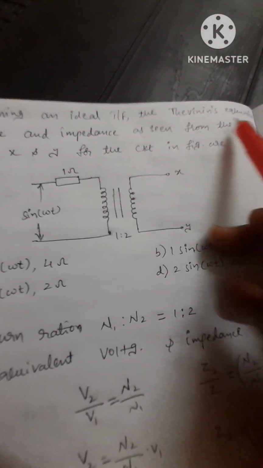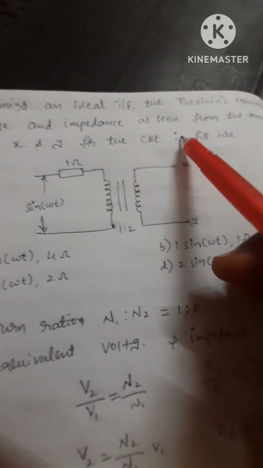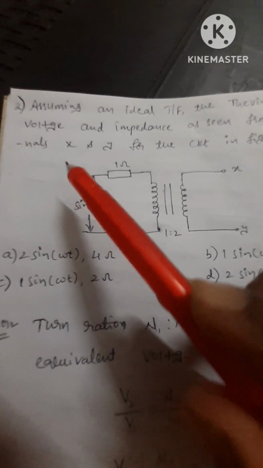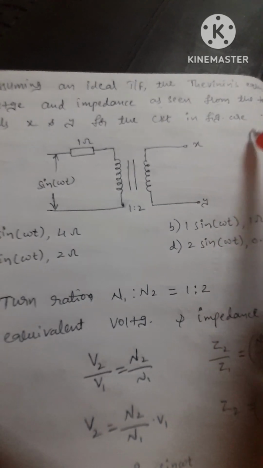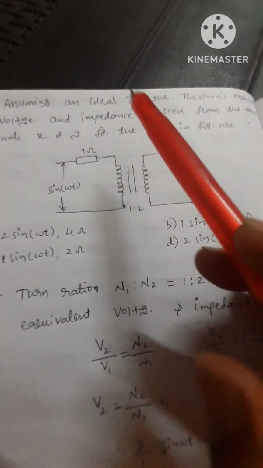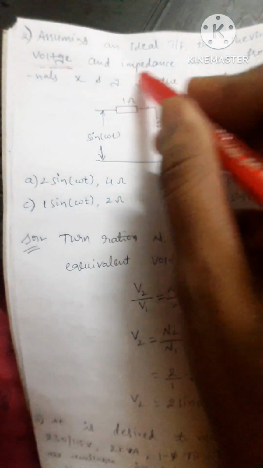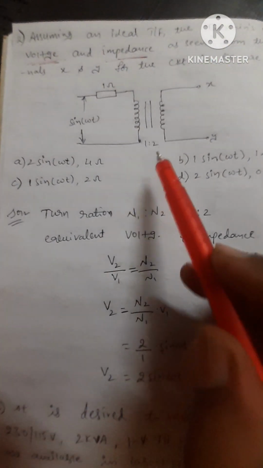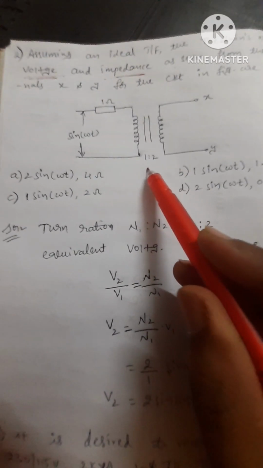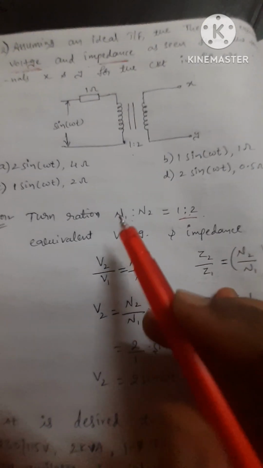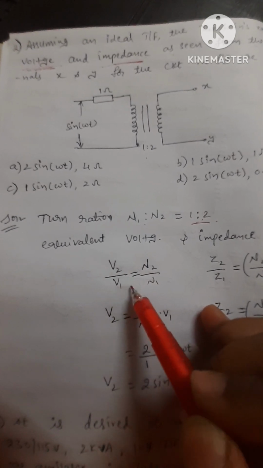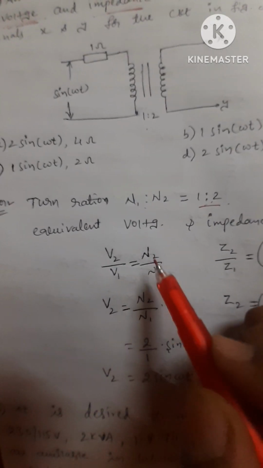Next question: assuming an ideal transformer, the Thevenin's equivalent voltage and impedance as seen from the terminals X and Y for the circuit diagram in the figure. Voltage and impedance are asked. The turns ratio N1 by N2 is 1:2. For voltage, V2 by V1 is equal to N2 by N1.